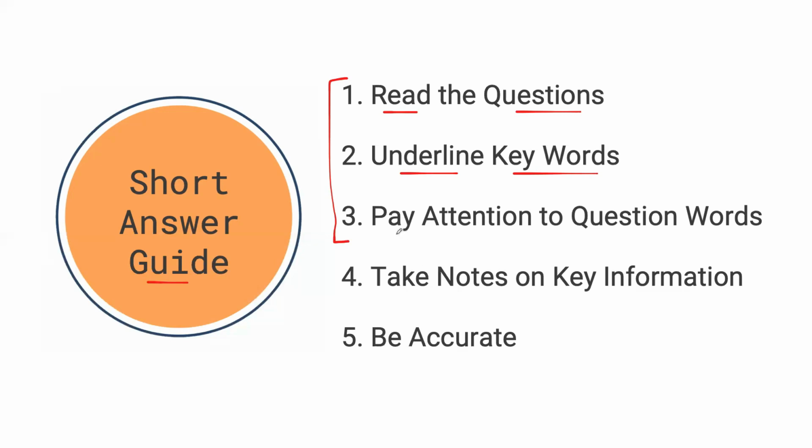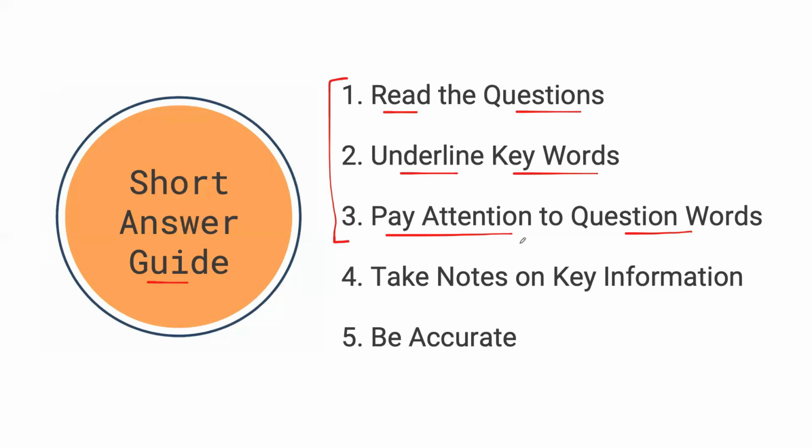And as you do that, you're going to pay attention to your question words. So the words we just looked at. So if you see a who or a which or a how, you already have an idea of what you have to listen for. And this will really help you prepare yourself for the listening. So if you have a why, for example, you will know that you have to write out a reason as opposed to anything else.